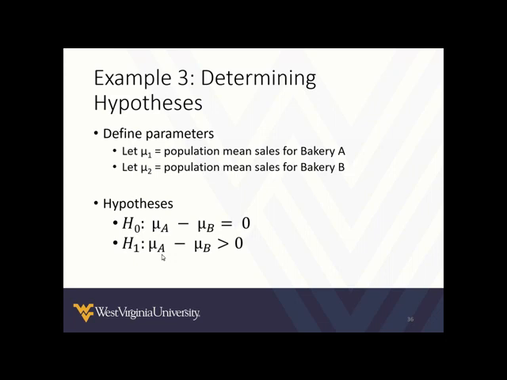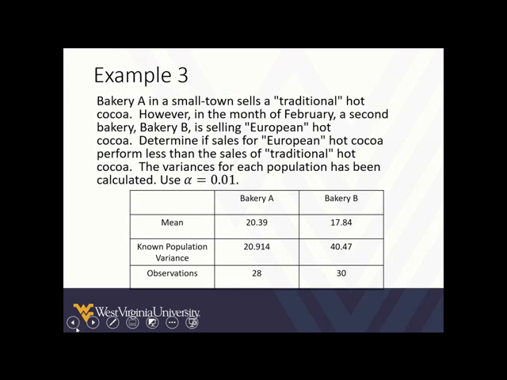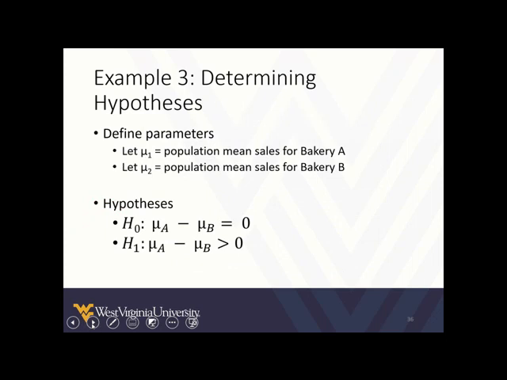And so they were trying to establish if the sales for European hot chocolate performed less than the traditional hot chocolate. So they were saying that the European was less than the traditional. And I established that the traditional was group 1, and so that's why I have the greater than symbol instead of the less than.